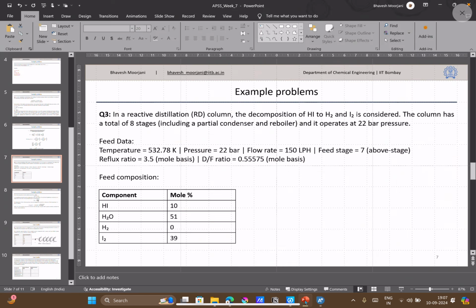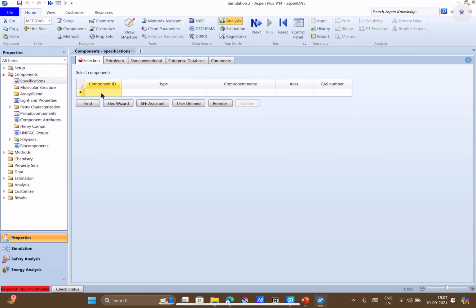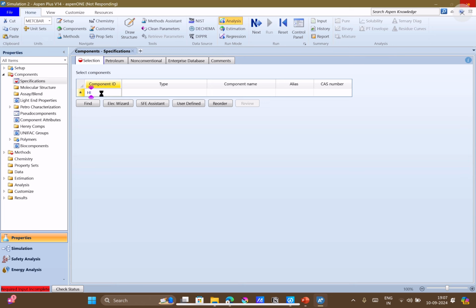Okay, so we have a total of 4 components. Water is also present in the feed, so we will add all 4 components. First we have HI, it should find it based on its chemical formula.